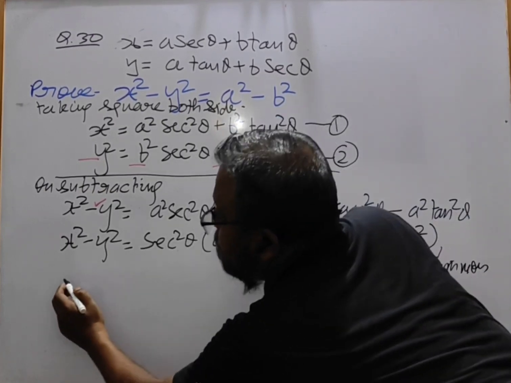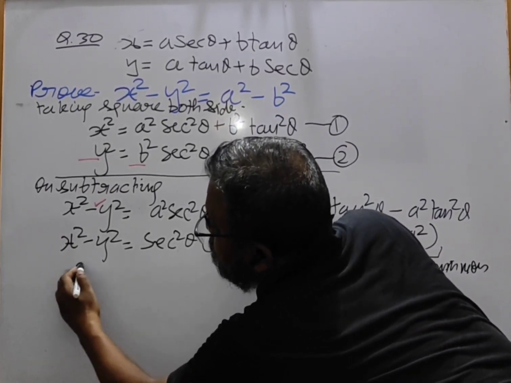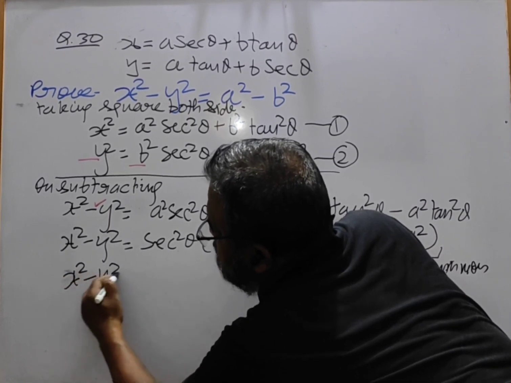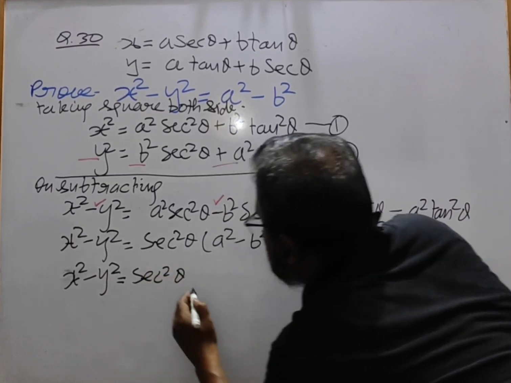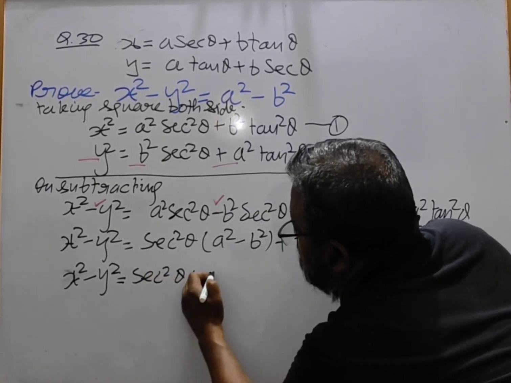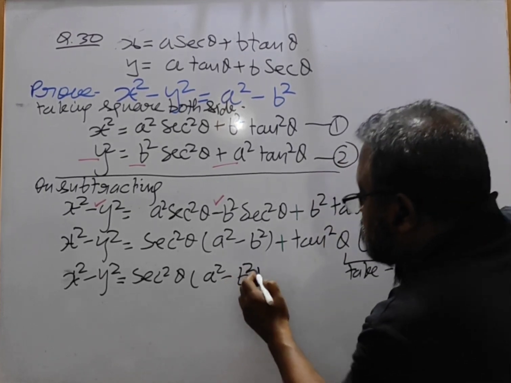So it will be x square minus y square. It becomes sec square theta bracket a square minus b square, right?